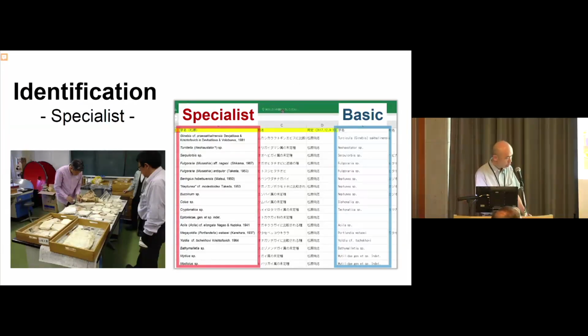Basic identification data were listed, and we can ask a specialist for identification. Left side, left row, species names are more detailed and modified. By the way, this picture is identifying plant fossils, another curatorial support.